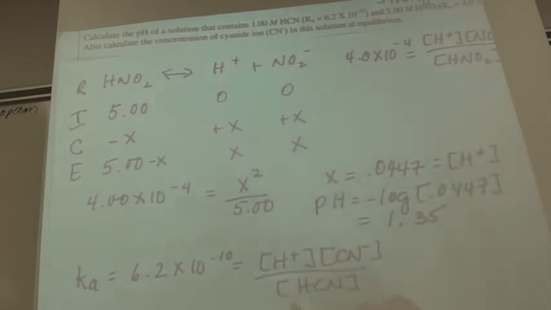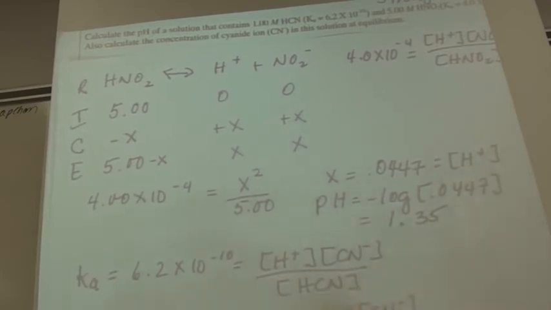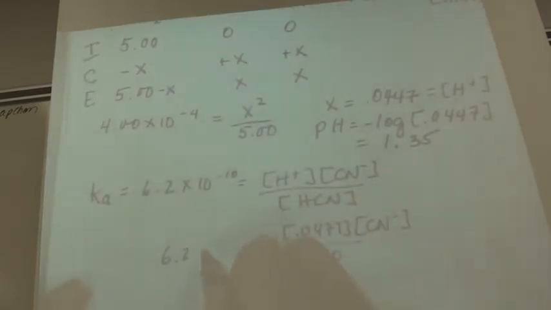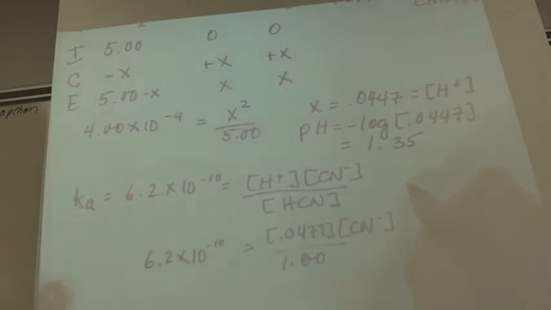That H plus was 0.0447 times the CN that we don't know. So we do know this. So the cyanide ion concentration is equal to, I got 1.39 times 10 to the negative 8. All right, that was pretty easy. So H plus is H plus, it doesn't matter.